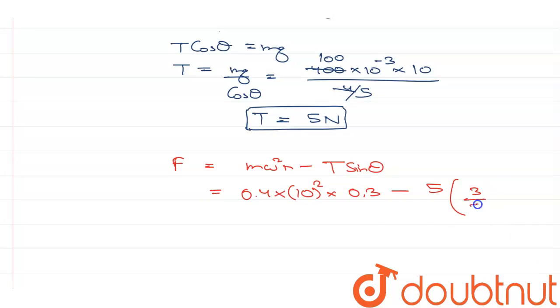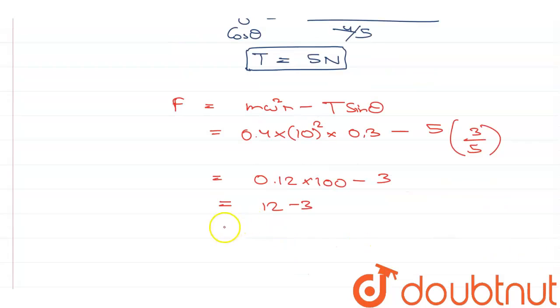So this gives us 0.4 into 0.3, that is 0.12, into 100, which is 12, minus 5 into 3 by 5, which is 3 newtons, equal to 12 minus 3, equal to 9 newtons.